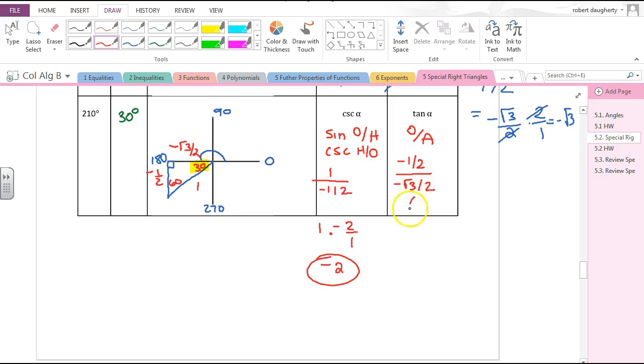So this is negative 1/2 times negative 2 over square root of 3, multiplied by the reciprocal. What cancels here? The 2 and the 2. This is just 1 over square root of 3.